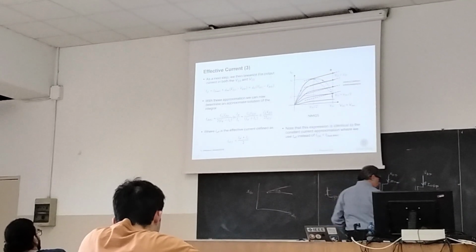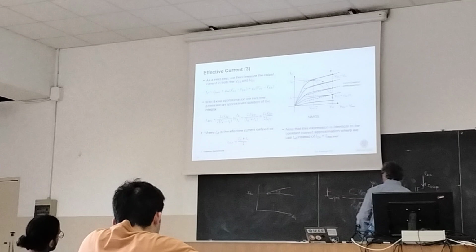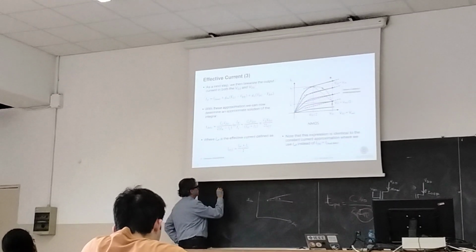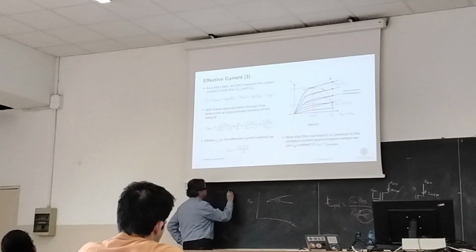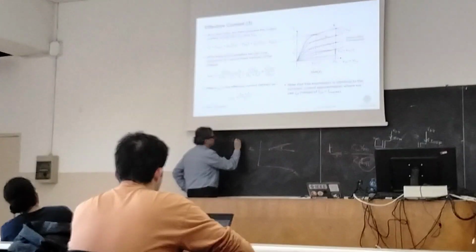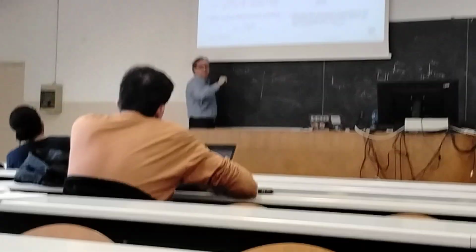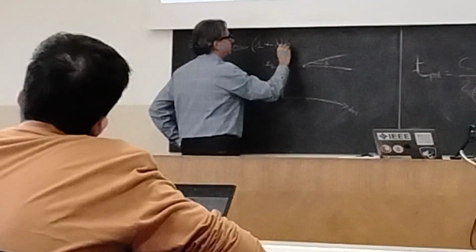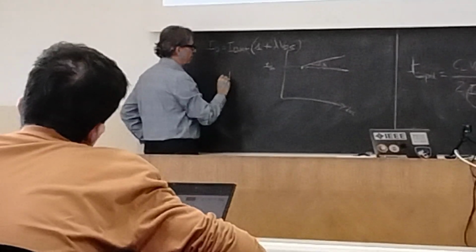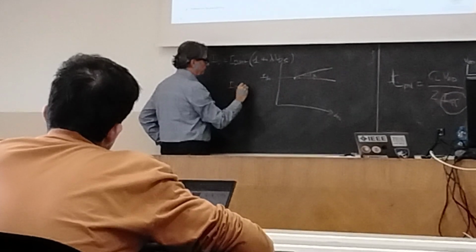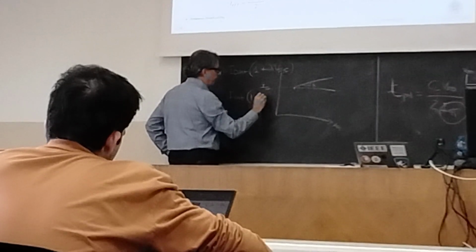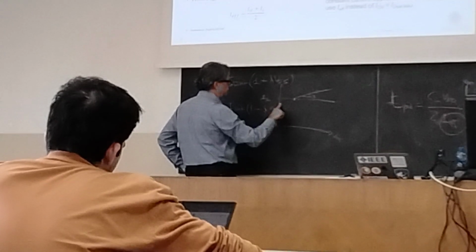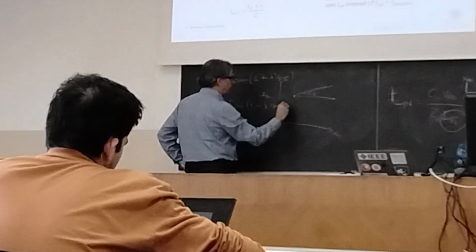So basically it's a convention, right? Some people call it one thing, and then you create from this, you use one plus lambda VDS, and the other one to be ID set, one minus lambda, VDD minus VDS.